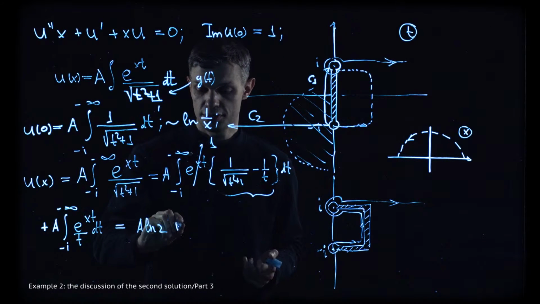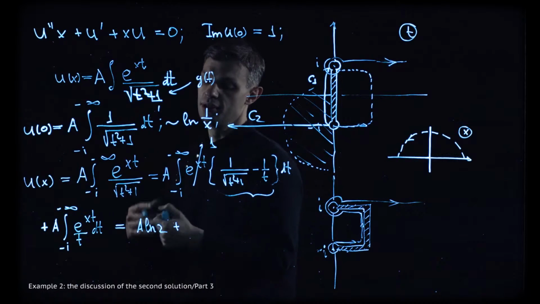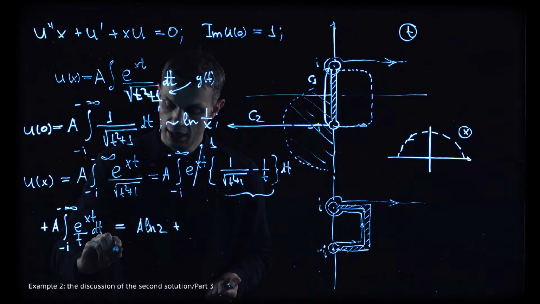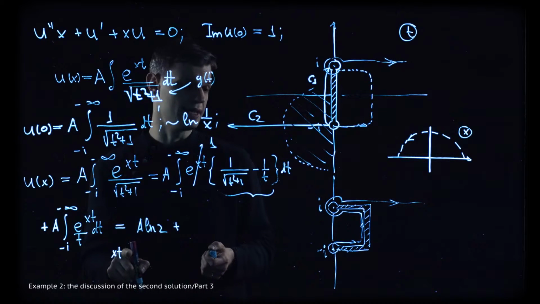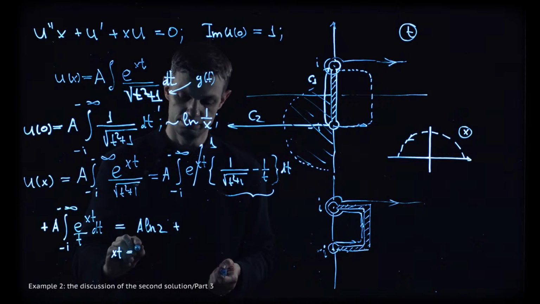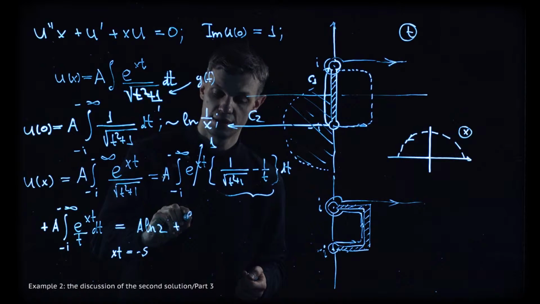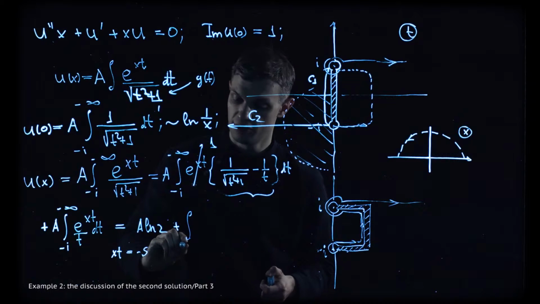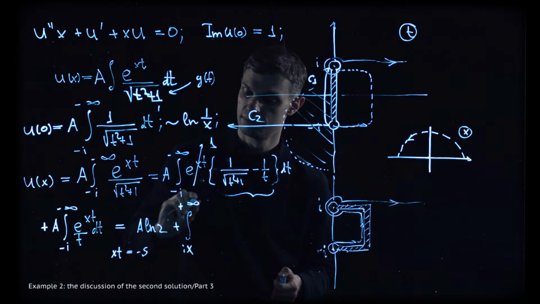Here, what can you do? Well, you can simplify things slightly by making an appropriate change of variables. For example, you can change xt to be equal to minus s, since t is negative. And then the integral is now taken from ix to plus infinity.